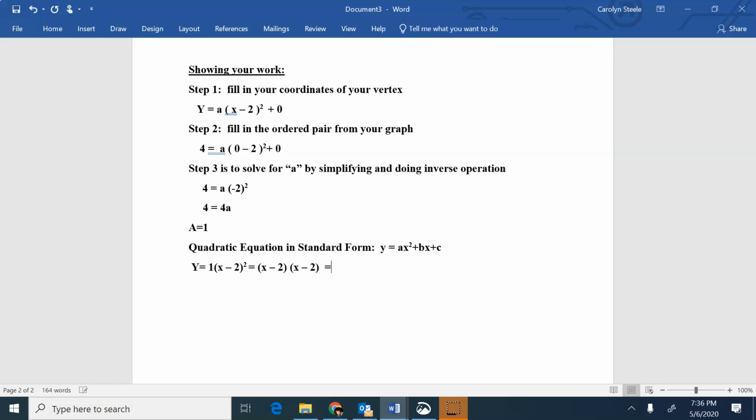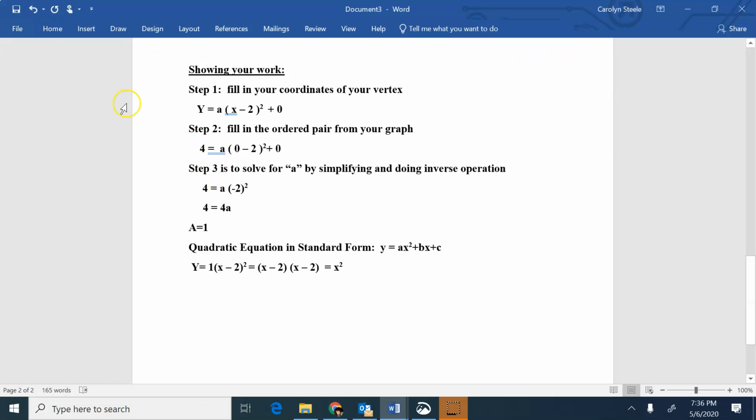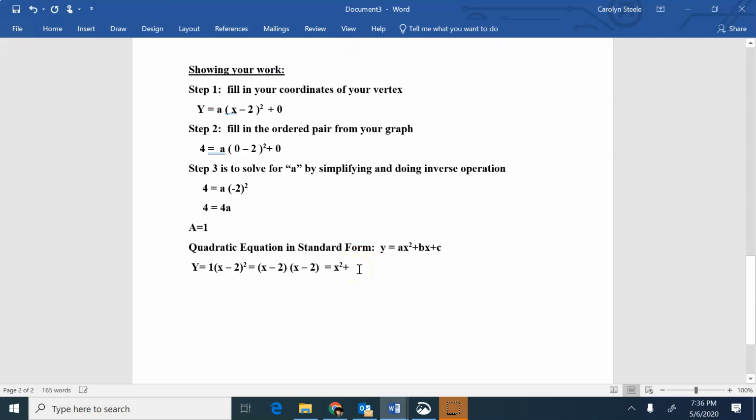And that equals x squared, is it going to be plus or minus? I think it's going to be minus 4x plus 4.